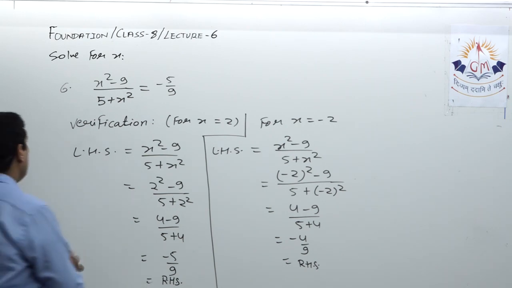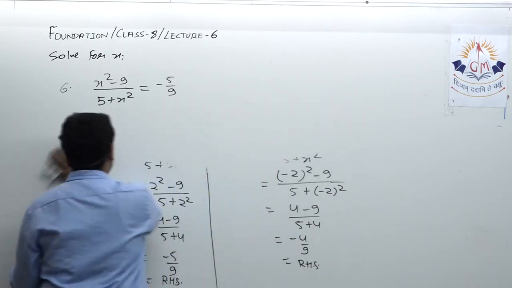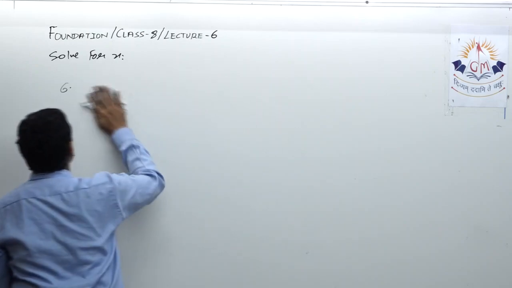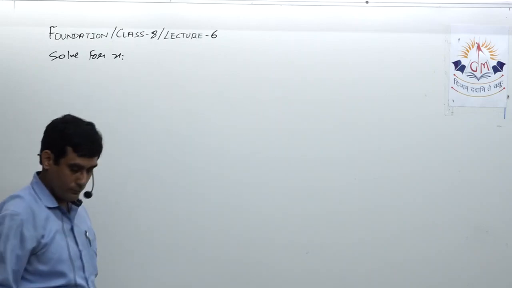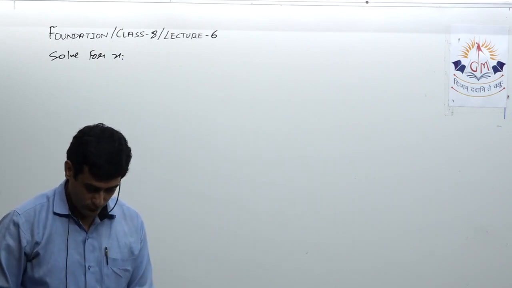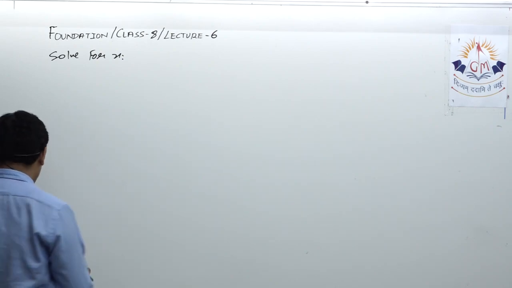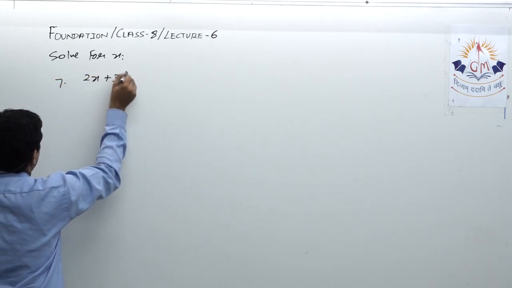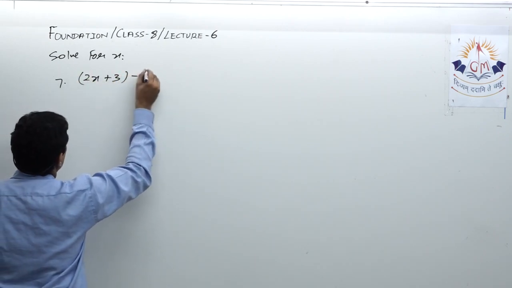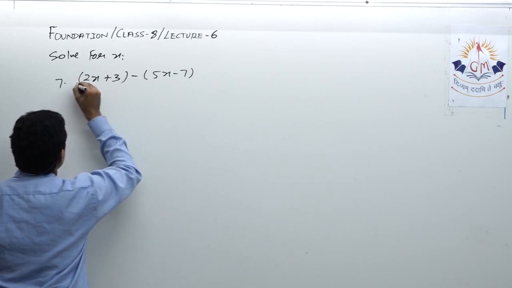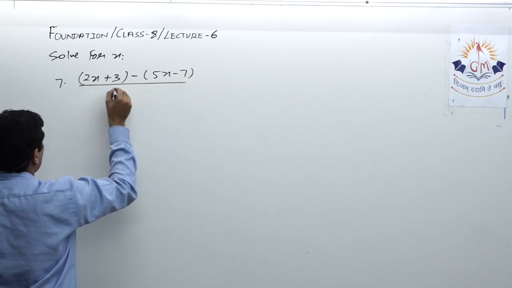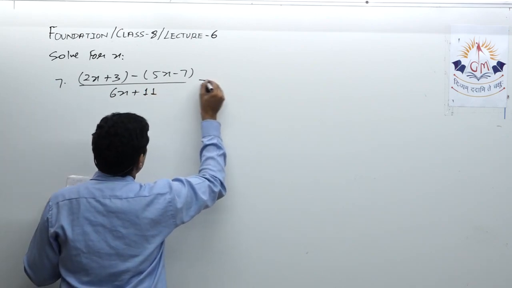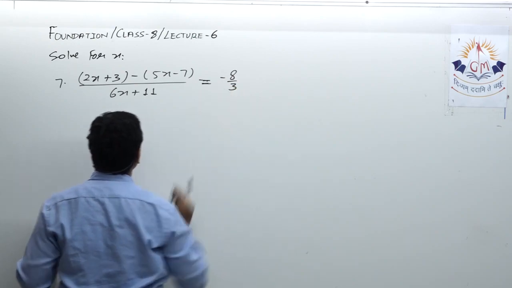Okay, now we'll see question number 7, that is the next question. (2x plus 3) minus (5x minus 7), divided by 6x plus 11 is equal to minus 8 upon 3.